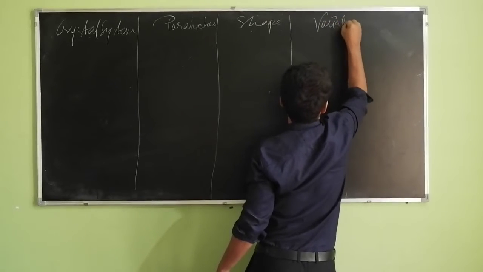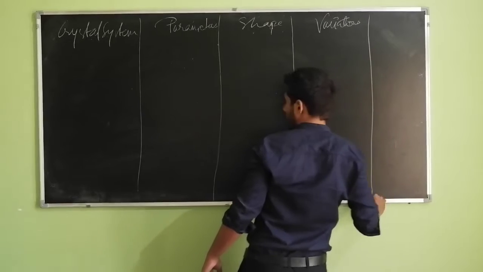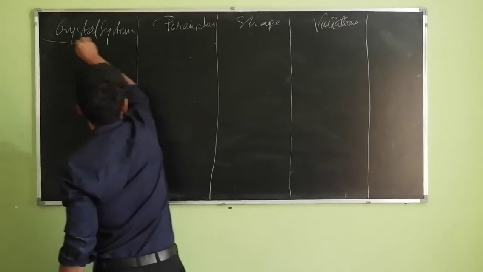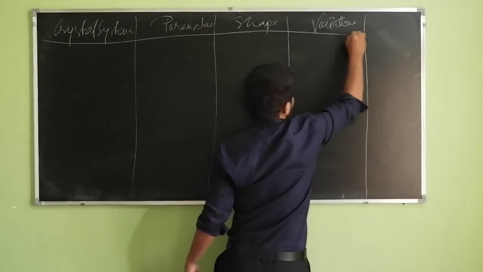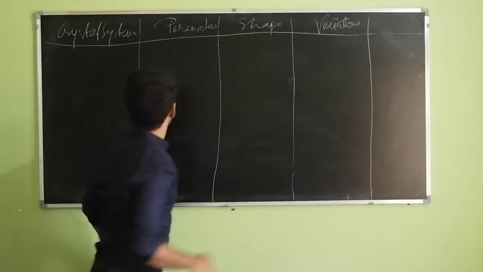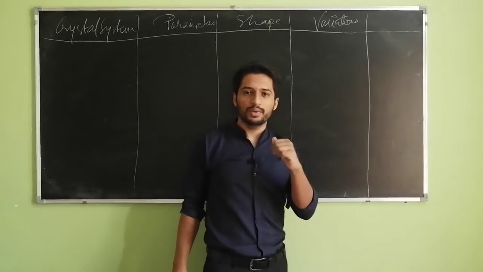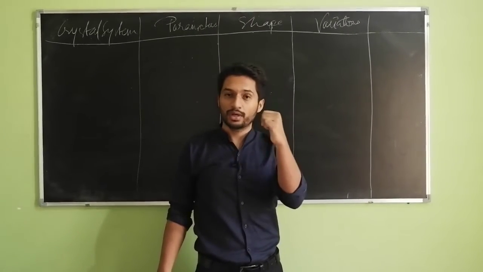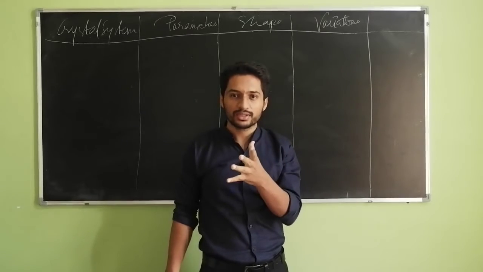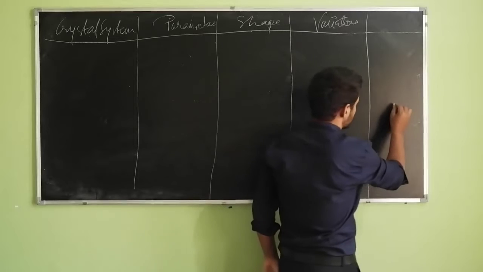Then we have variations. Alright. So before going on to crystal system, remember the conventions that we used while making the unit cell. The first unit cell that we made: A, B, C, alpha, beta, gamma. Just remember this.